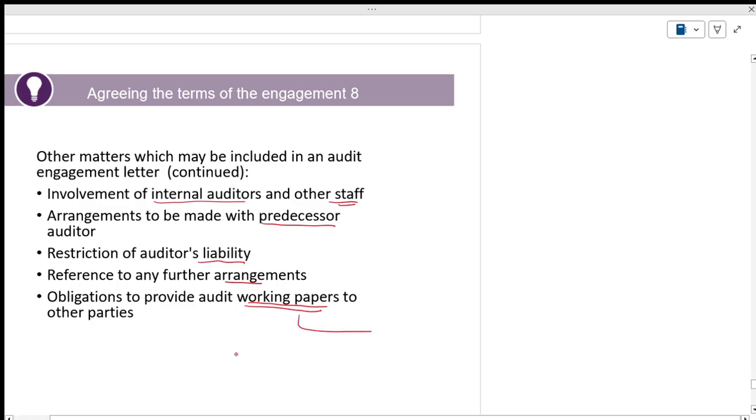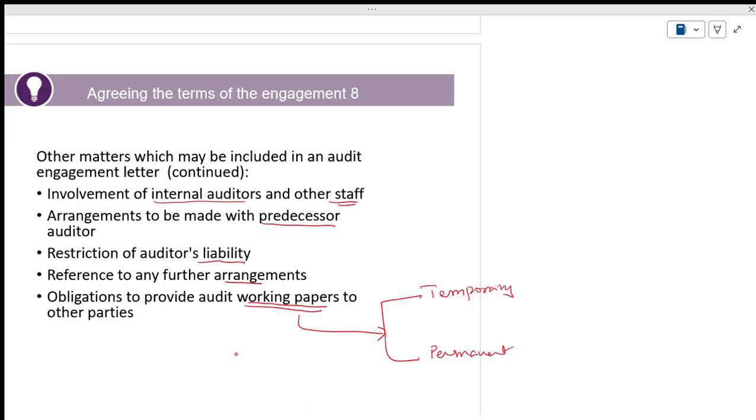What does it mean? Any idea about this? Fine. You are new, okay? Again I am saying there are two types: temporary working papers and permanent working papers. What are working papers?